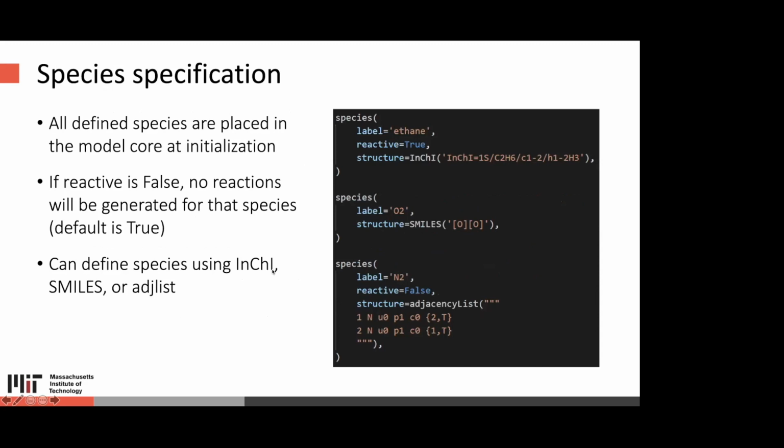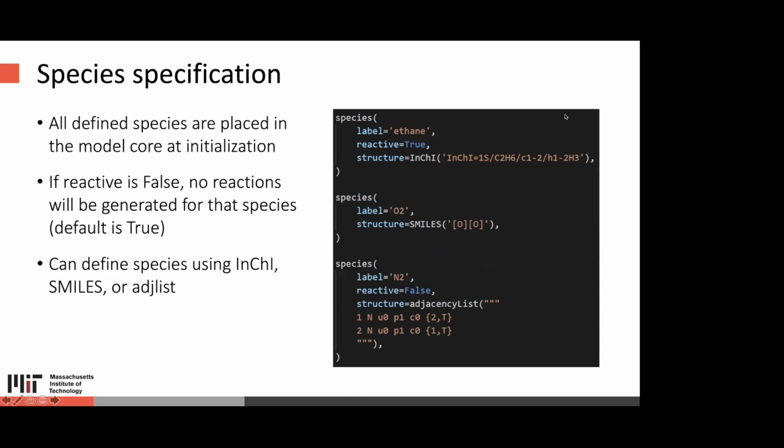And for the species specification in the input file, basically all different species are placed in the model core at initialization. If you mark it as reactive, the default is true, but you can also specify it's not reactive.